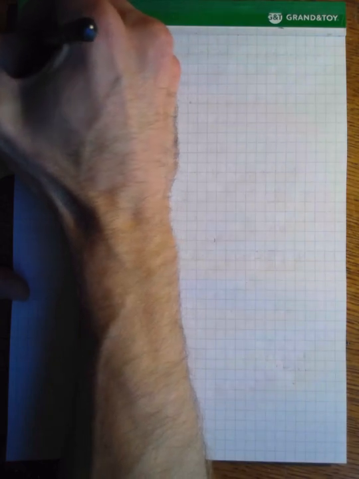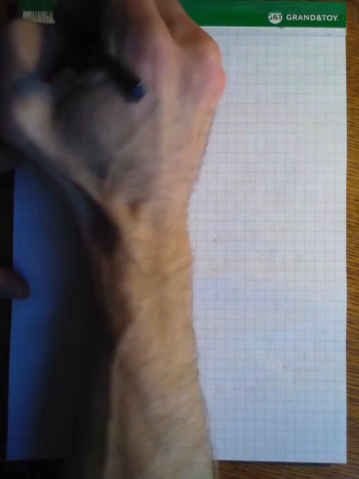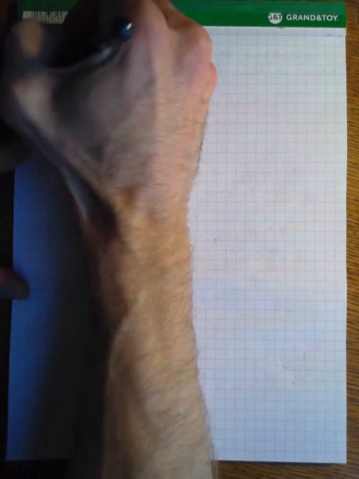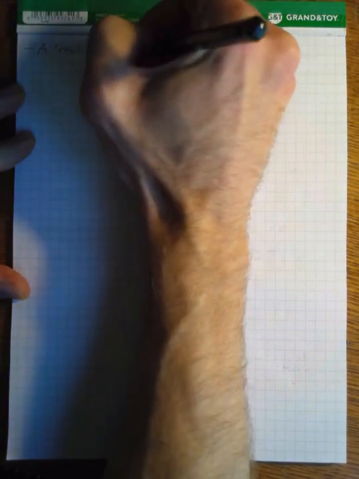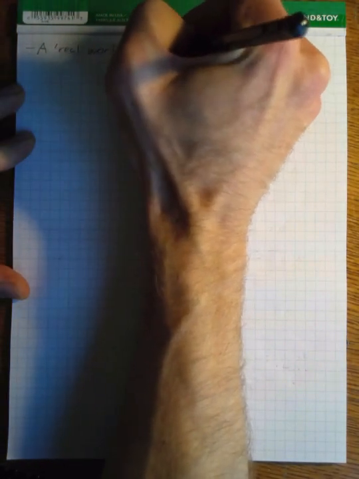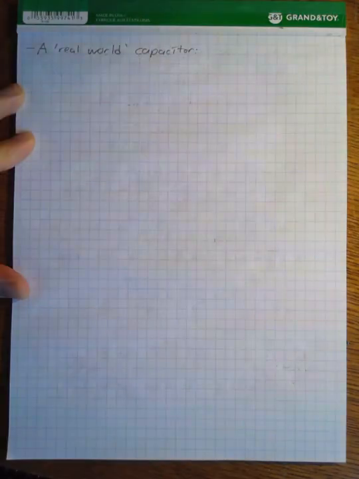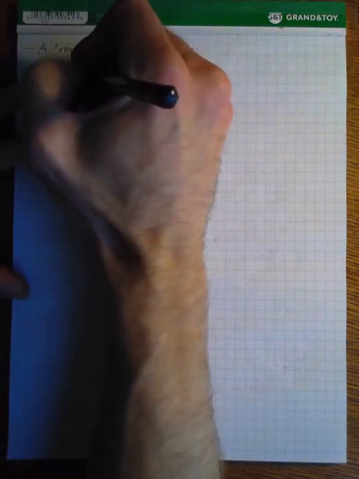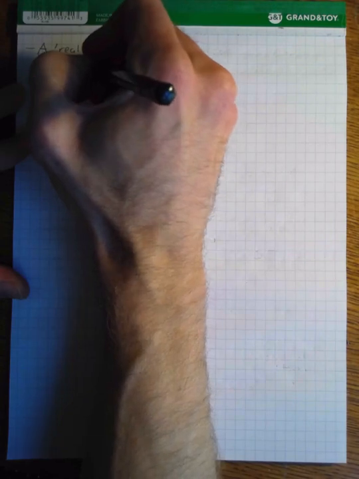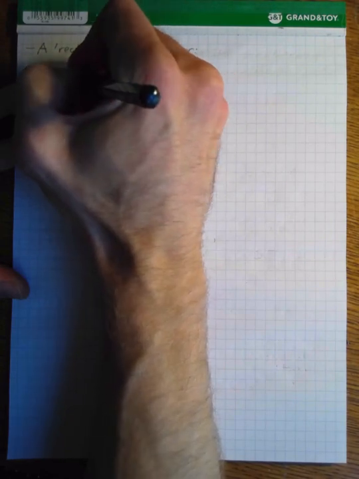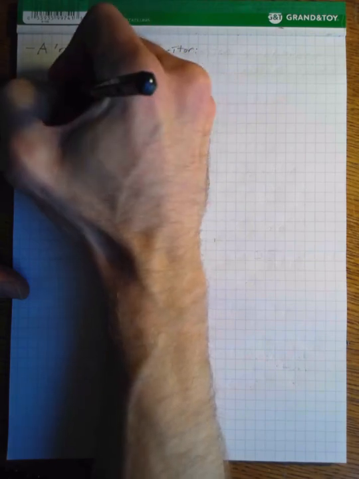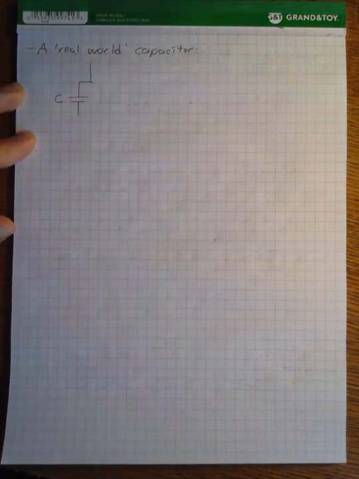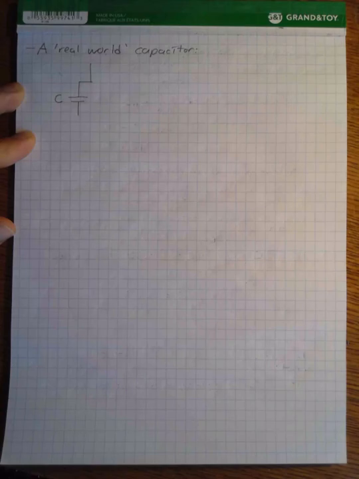So a real-world capacitor then is an ideal capacitor, a perfect capacitor, C, that never ever leaks charge.